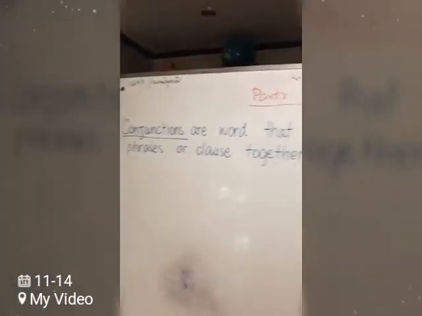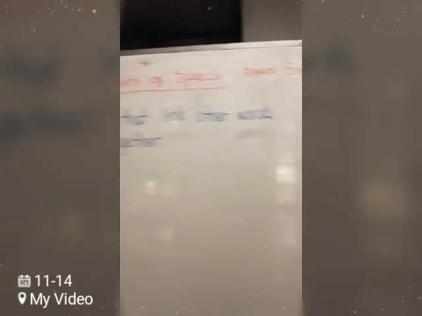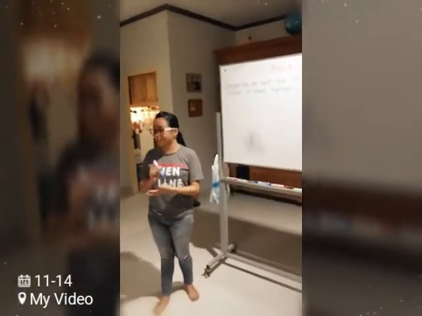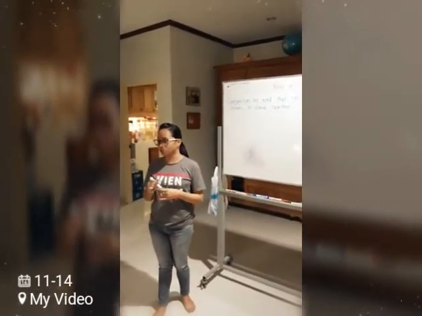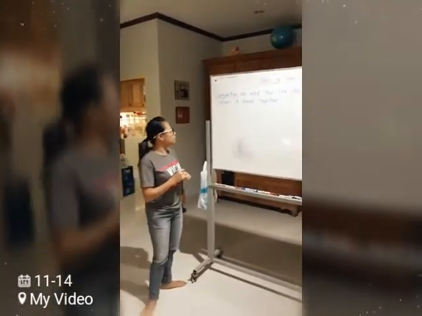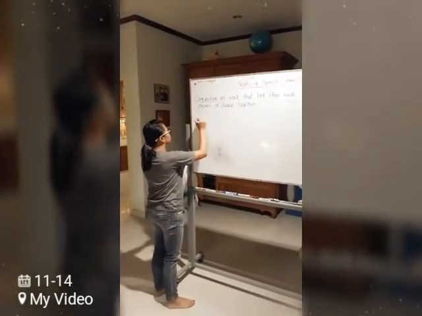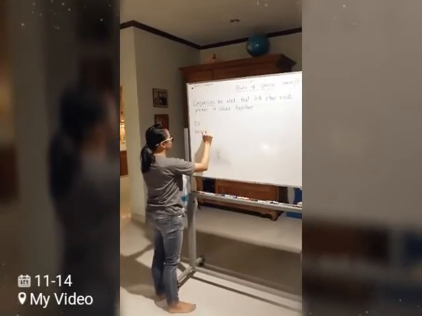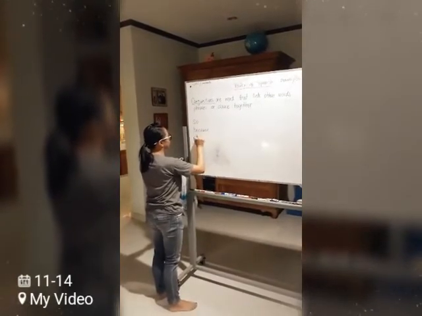Conjunctions link words, phrases, or clauses together. So today we are going to talk about it, and I'm going to give you examples of the conjunctions. First, I'm going to use the conjunctions so, because, and although.